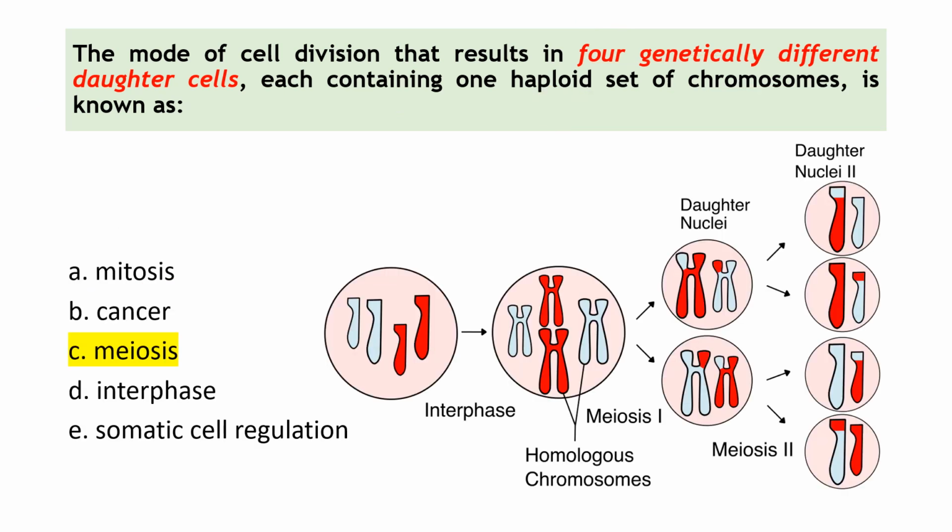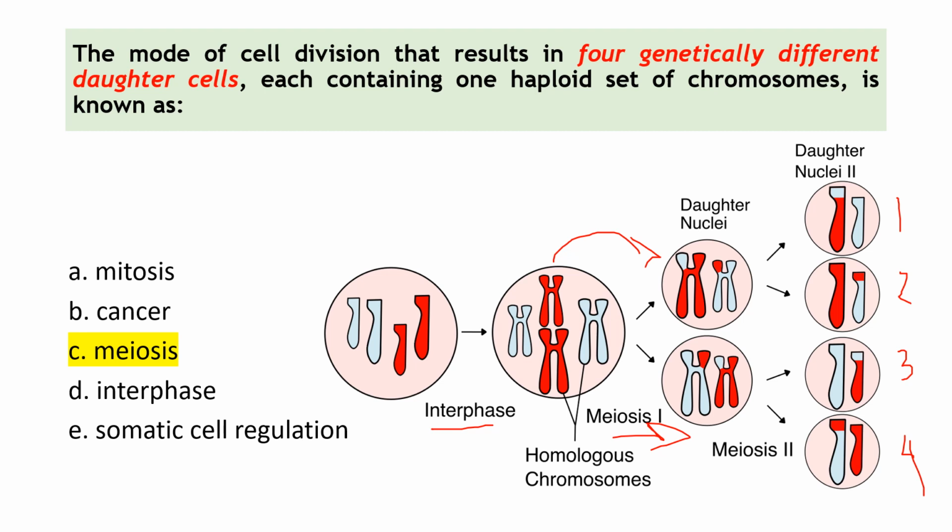So here, pretty easy. The cells go through their interphase. You go through the process of meiosis, and you get 1, 2, 3, and the 4 different daughter cells. And if you remember, when they go from meiosis 1 to 2, in prophase 1 in the 5 subphases, there is a recombination.